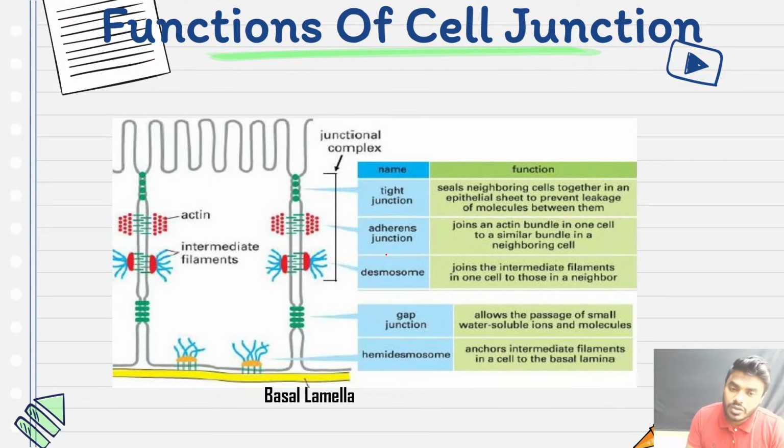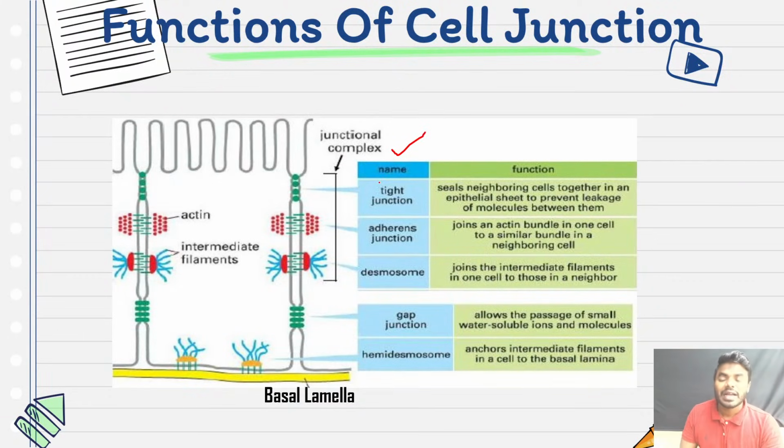These are the only questions, friends, we can expect in the exam, majorly in the four-marker session only. First, let me give you an overview of the functions of the cell junctions. Later I will explain one by one junction briefly and elaborately.